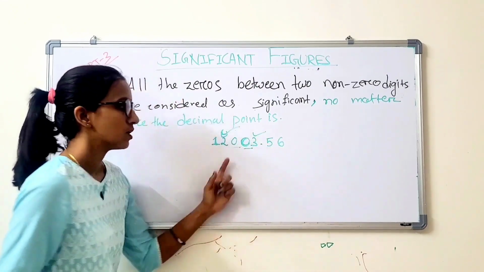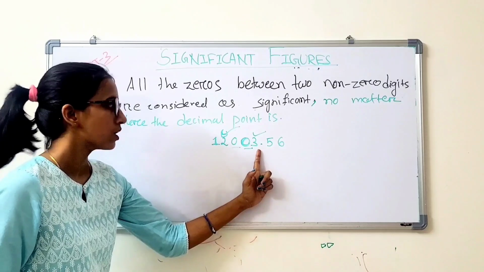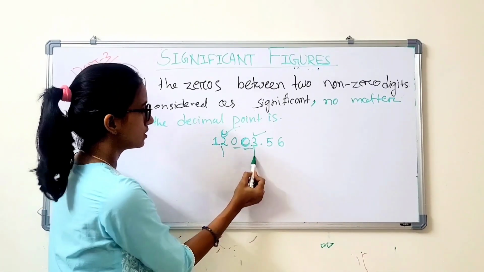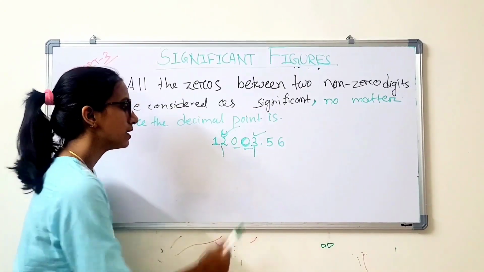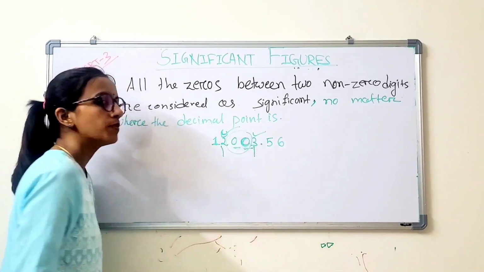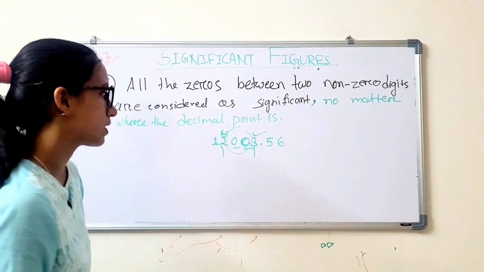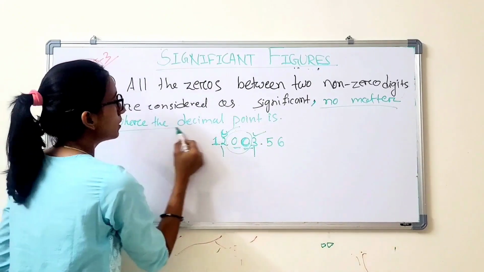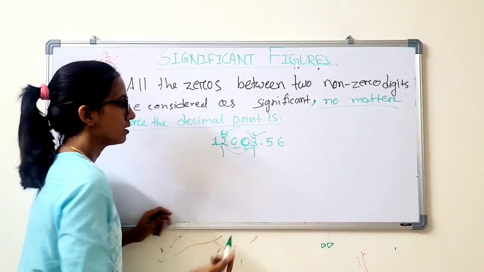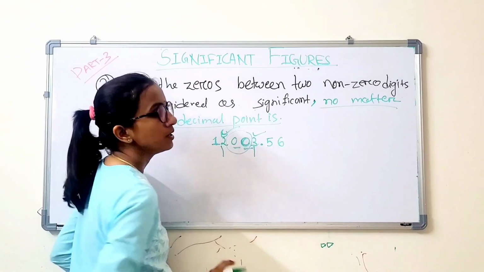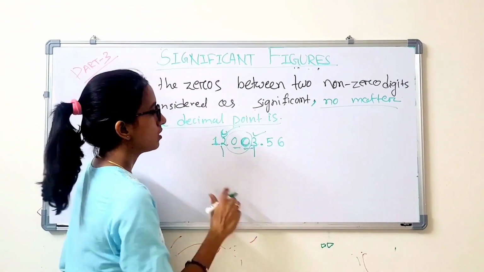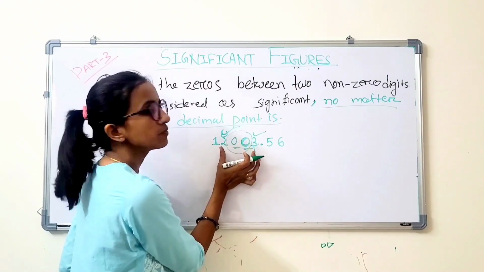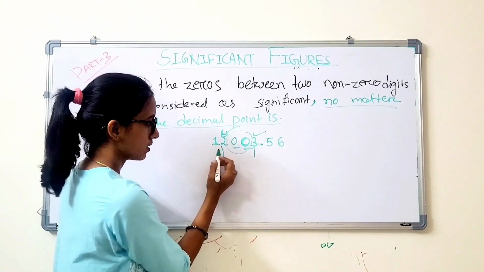What are the non-zero quantities? 2 and 3. So if these zeros are between two non-zero quantities, then these zeros will also be considered significant. Again, no matter where the decimal point is, the position of the decimal point will not affect the number of significant digits if the zeros are in between two non-zero numbers.